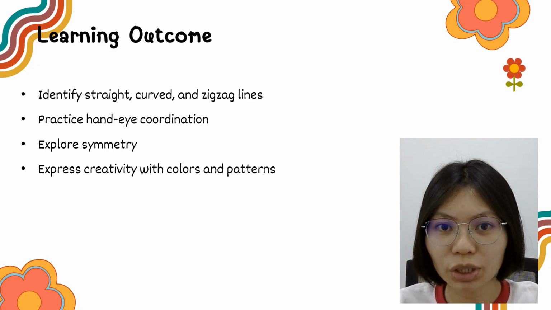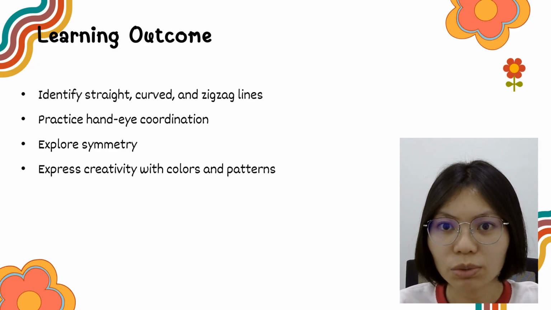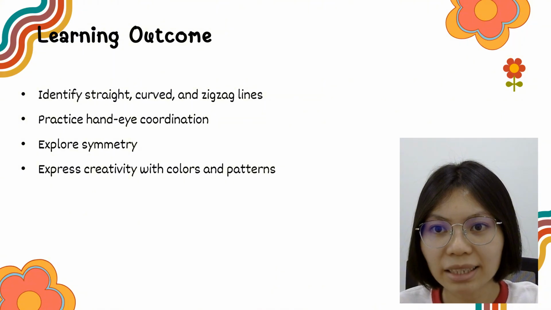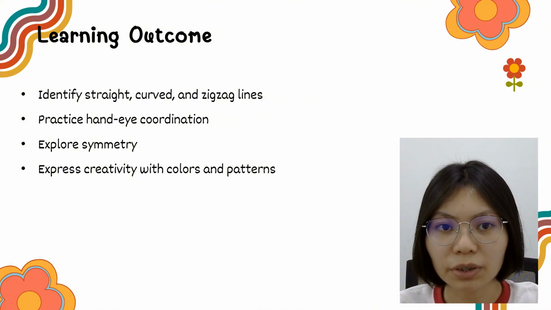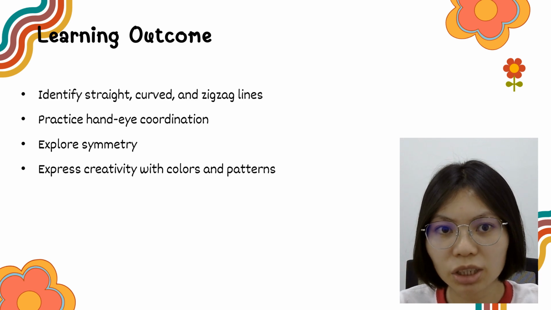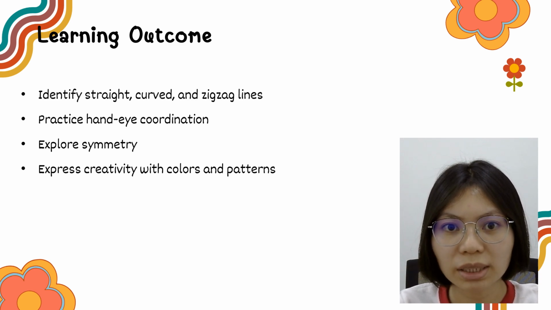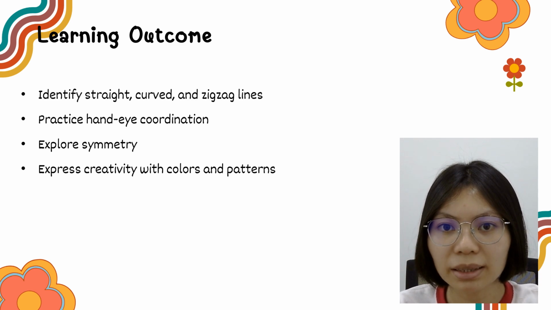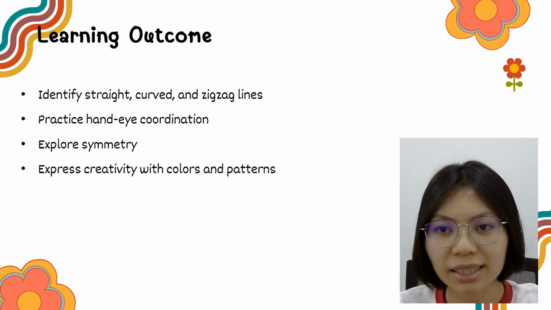In the Magic Symmetry Yarn Art activity, children will learn to recognize and identify different types of lines, including straight, curved, and zigzag. They will develop their hand-eye coordination and fine motor skills as they manipulate the painted yarn to create patterns.